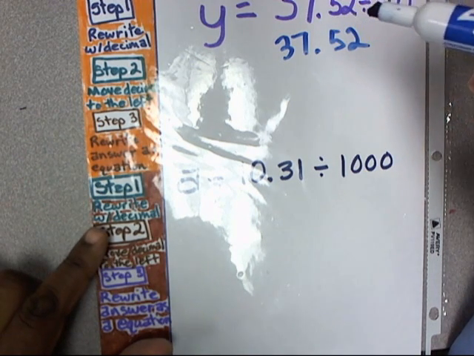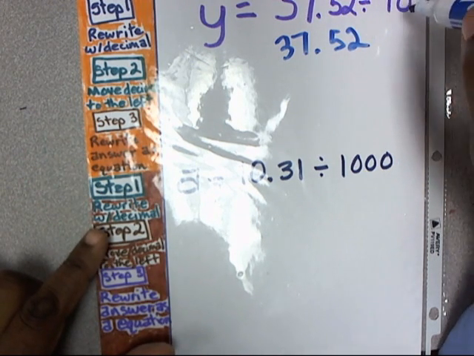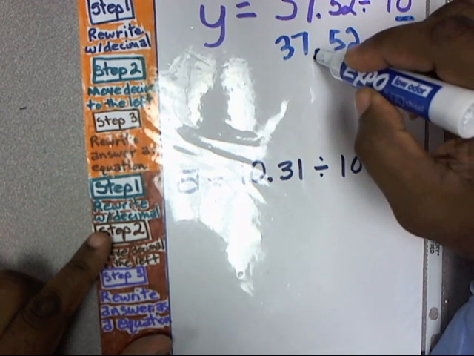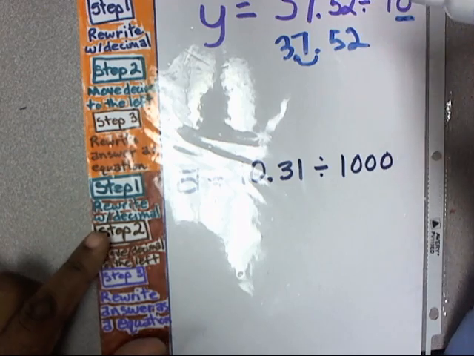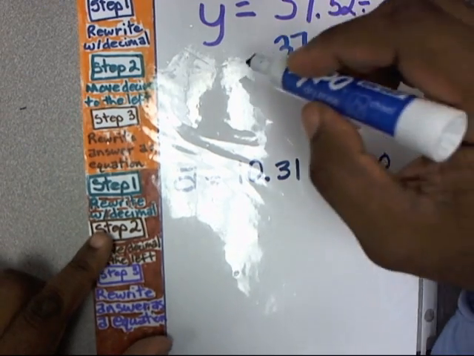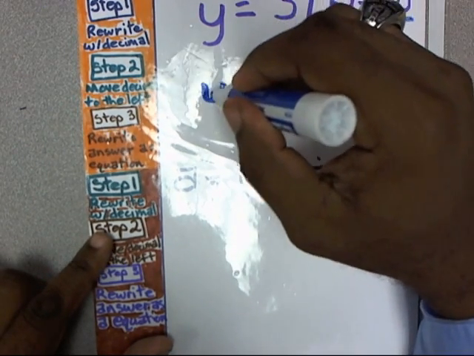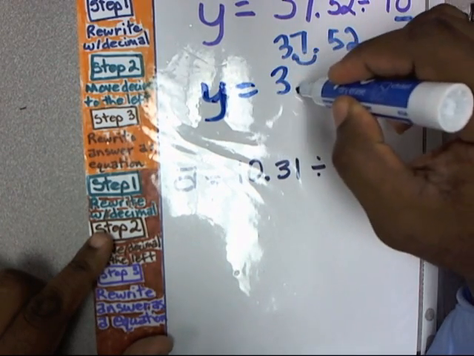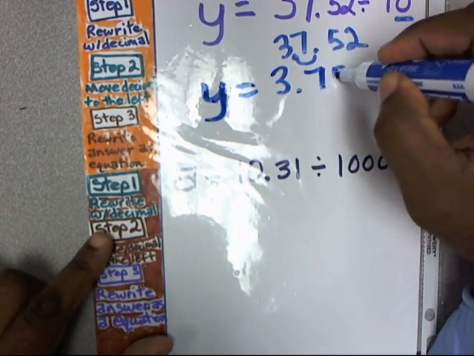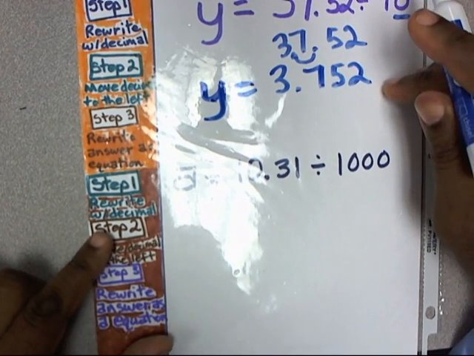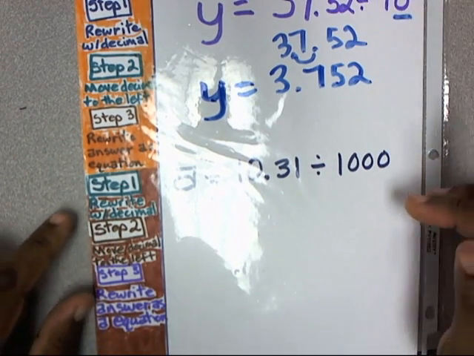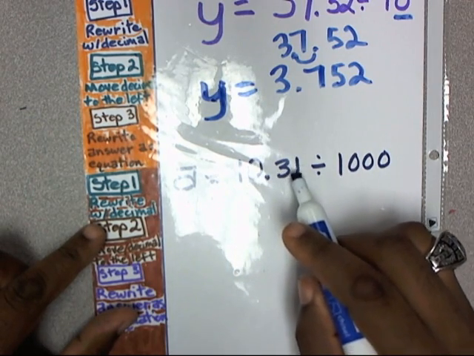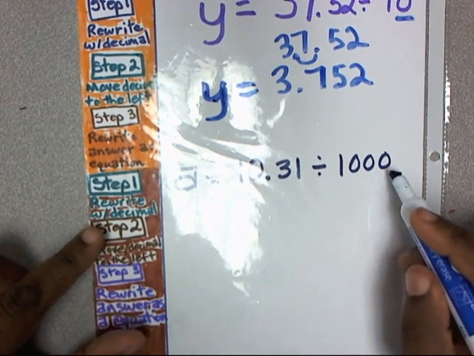Step 2, move the decimal to the left, and there's only 1 zero, so I'm going to move it to the left 1 place. Then I'm going to rewrite the answer as an equation, which is y equals 3.752.